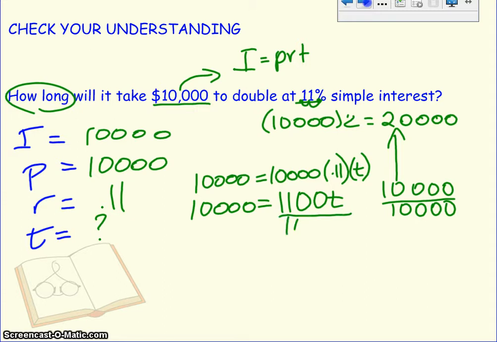Last step to get T by itself is to divide both sides by $1,100. And I get that T equals 9.09 years. So we're looking at about 9 years and 1 month before $10,000 will double to $20,000.